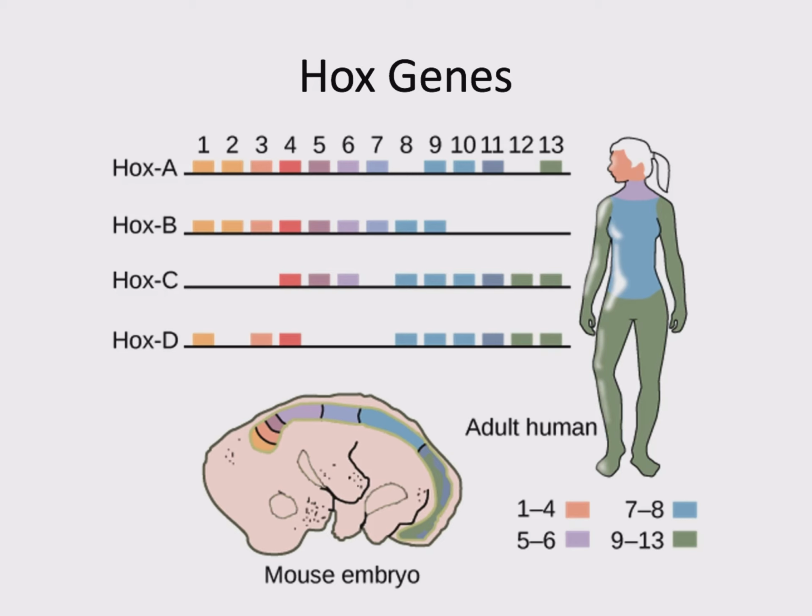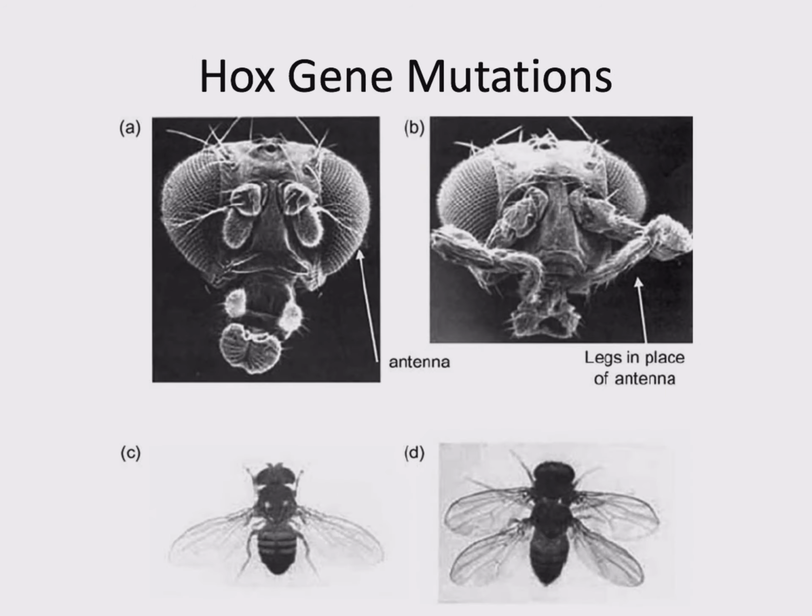Well, a lot of experiments have been done in fruit flies trying to understand how these work, and this looks like mad science, but really it was just trying to understand how Hox genes work. Here is a fruit fly with legs instead of antennae. So again, just by messing with Hox genes. And here's another fruit fly, normal pair of wings. Here, just a duplication.